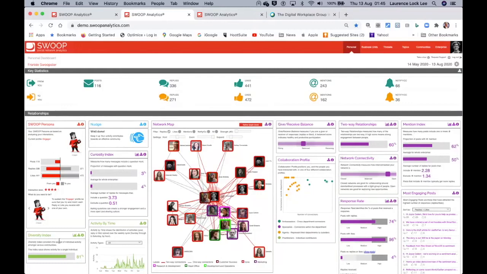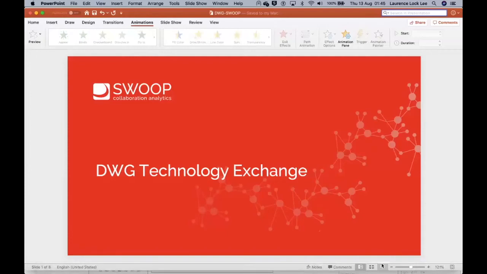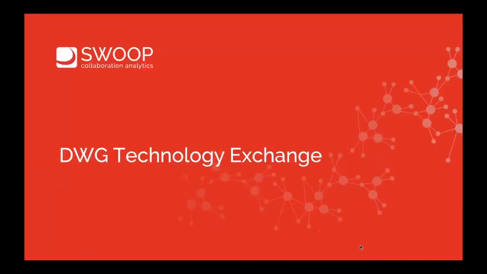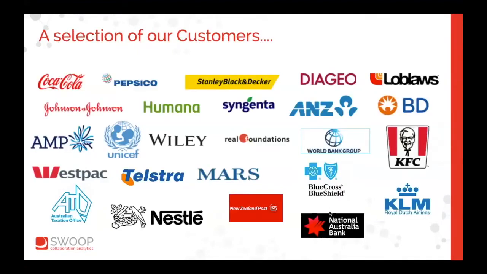So these are really things that are drawn out of the relationship. So I want to drill down into the personas. I should say that this is just to show some of the organisations that are using Swoop now. And as I said, we've found that it is the bigger, more complex organisations that get Swoop.